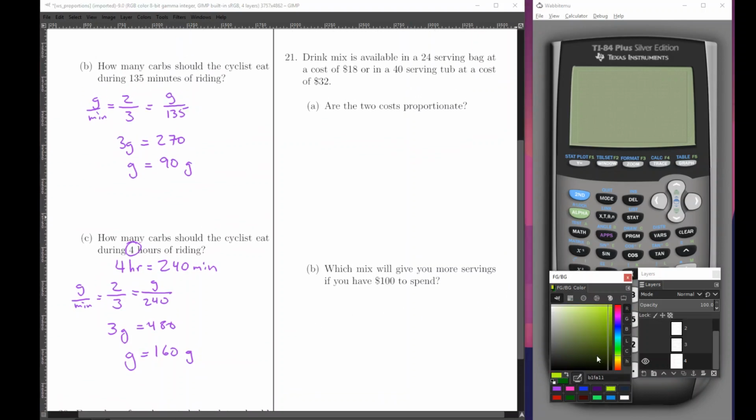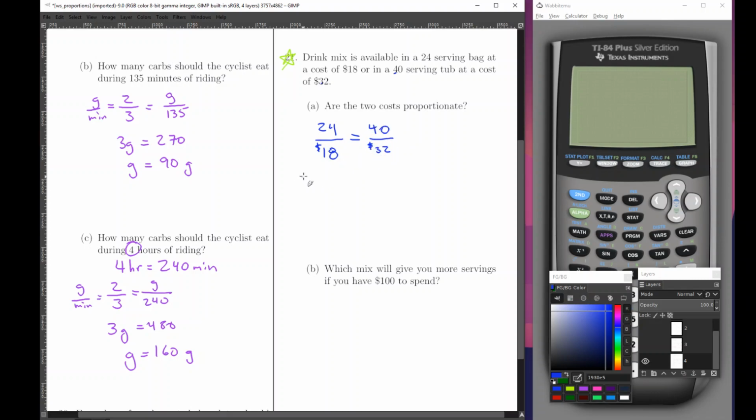I want you guys to take a look at number 21. Drink mix is available in a 24 serving bag at a cost of $18, or in a 40 serving tub at a cost of $32. Are these two costs proportionate? 24 is to 18 as 40 is to 32.